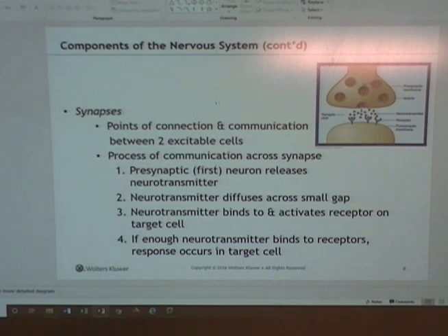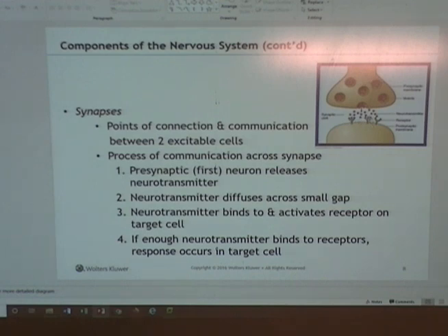So here's my axon from the previous nerve, and at the tips of the axon, there are these little vesicles that store a chemical substance called a neurotransmitter. And when the vesicles are stimulated, they release the chemical, and it can float across the gap to get to the dendrite on the next, or the muscle surface of the next excitable cell.